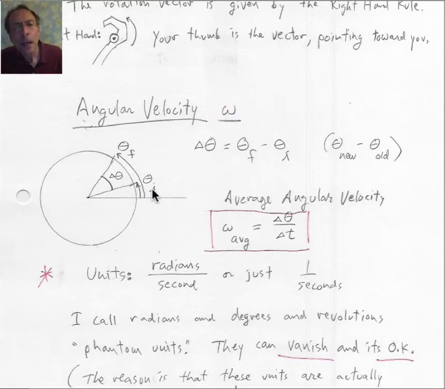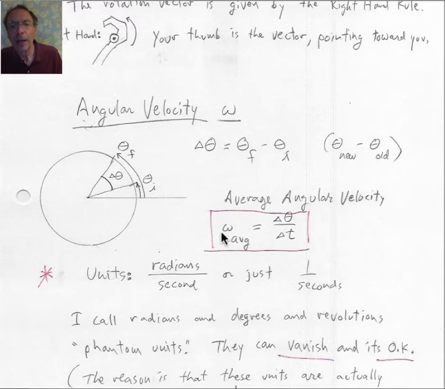All right, so let's define it. First, let's talk about angular position. Let's say that your wheel has rotated to here, and so this right here is our initial angular position, and then it keeps going, and it ends up here. This is our final angular position or rotational position, and the change in position is the final minus the initial.